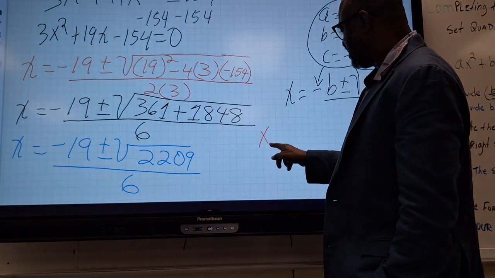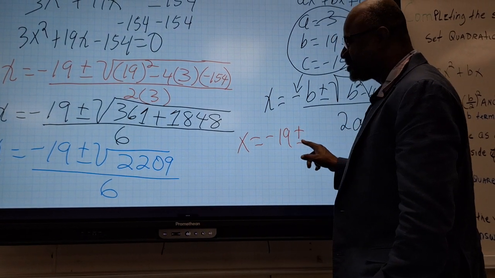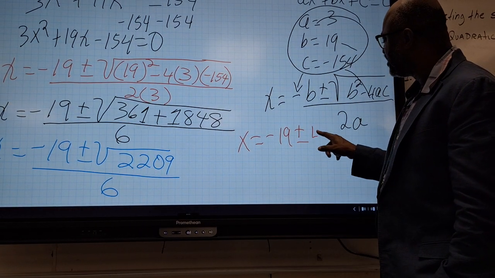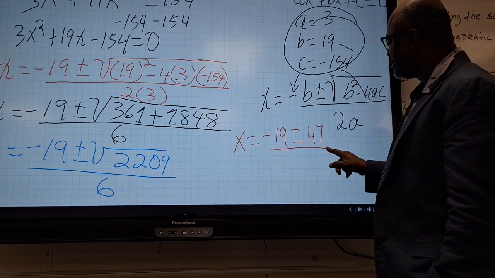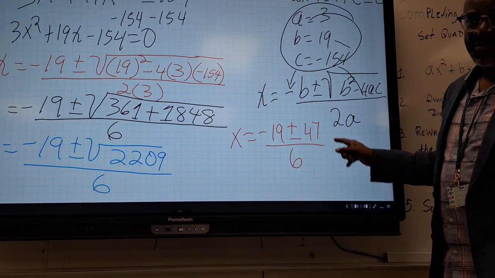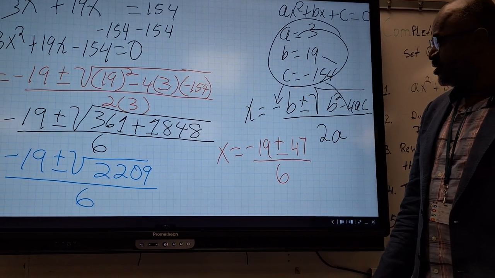We have x equal minus 19 plus or minus. When you take the square root of that, you find 47. This is over 6. We're going to work this out. We are expecting to get how many answers? 2. Right? Nothing new.